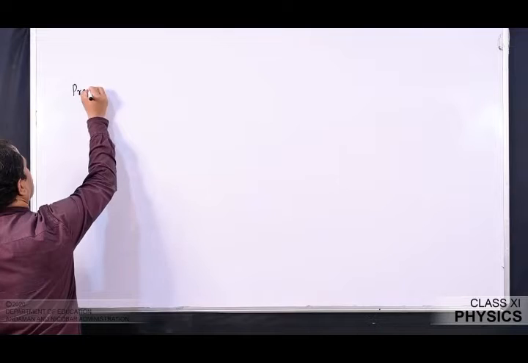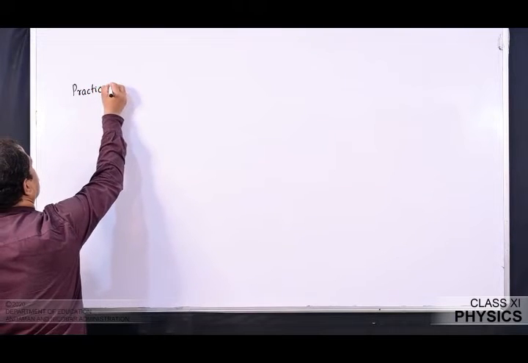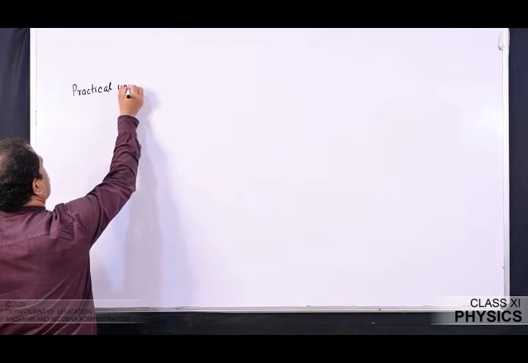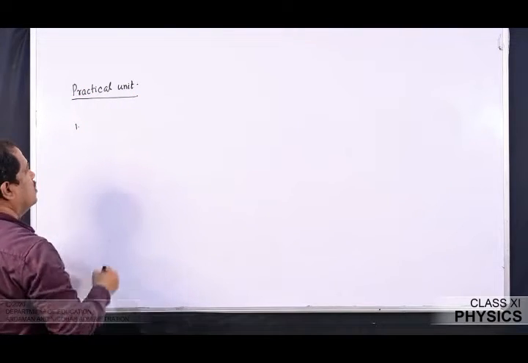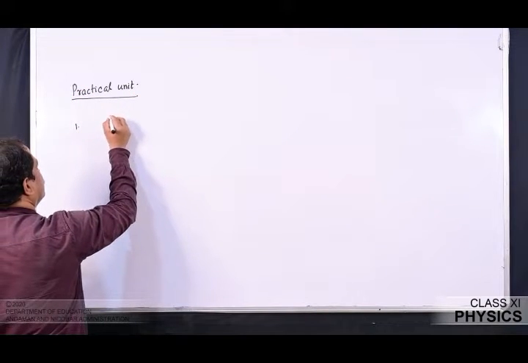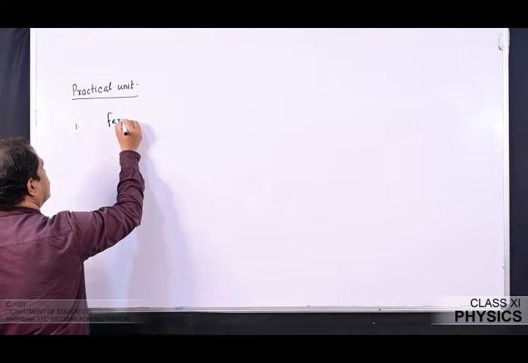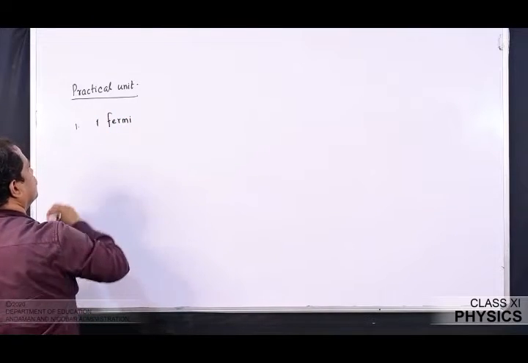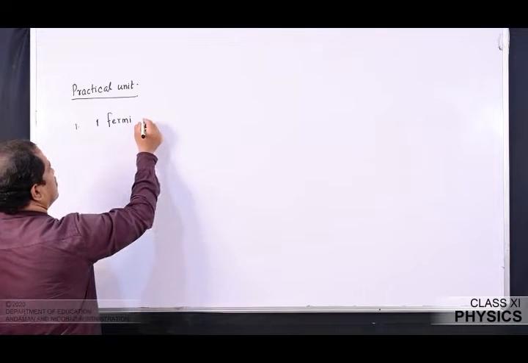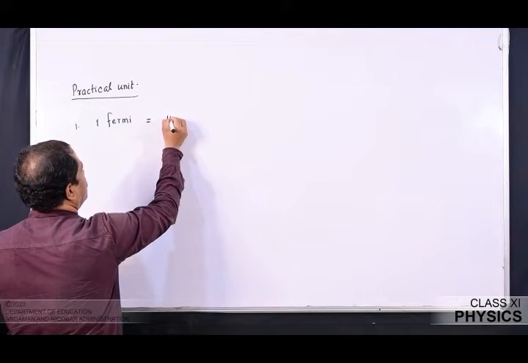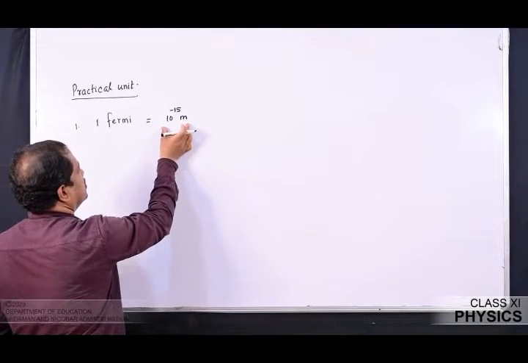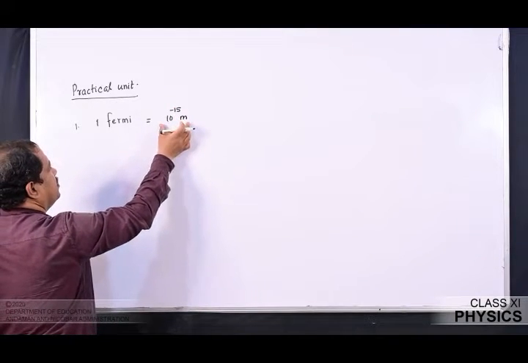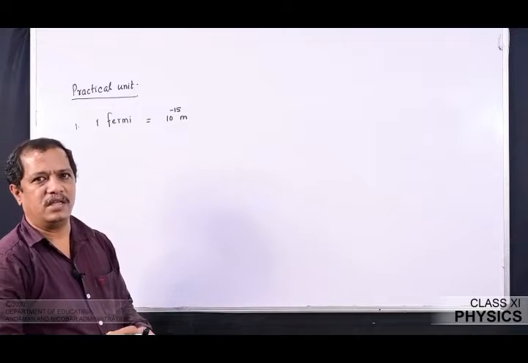So, most often you will come across, like this, say 1 fermi. Fermi means it is equal to 10 power minus 15 meter. So, this 10 power minus 15 meter is called fermi.